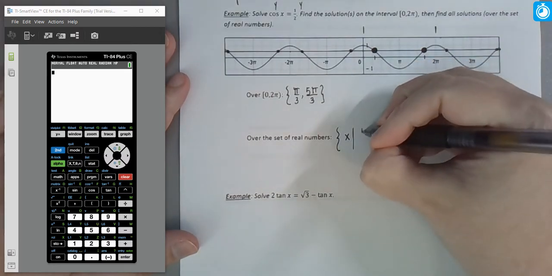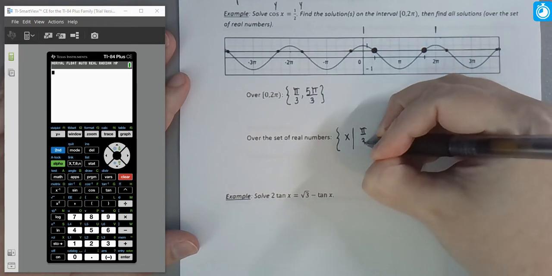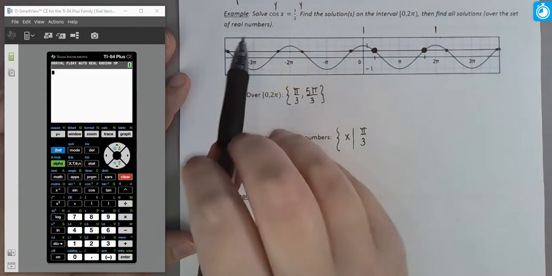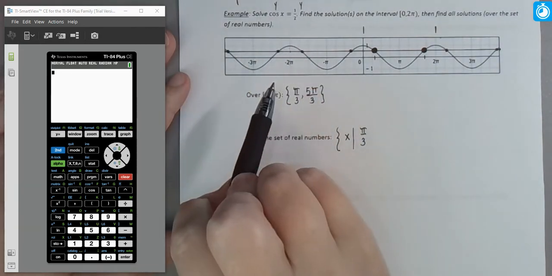So from pi over 3, if we add on a multiple of 2 pi, we're going to rotate around the unit circle. We're going to get to a coterminal angle, and hence we're going to get to another angle that solves this equation.